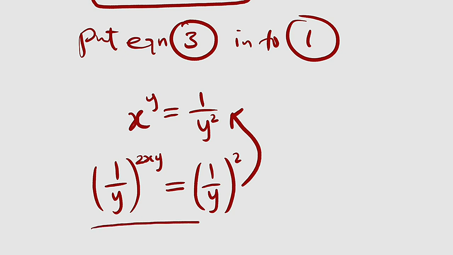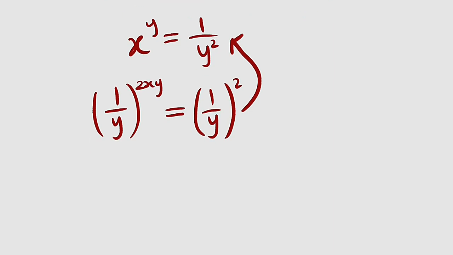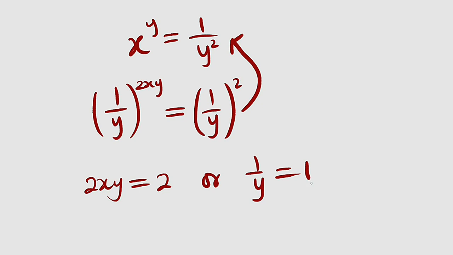So what condition will make this statement true? Observe that the bases are the same, which implies that the exponents must be the same, right? So 2xy equal to 2, or the base, which is 1 divided by y, equal to 1. Because you can see the bases are algebraic terms, it is either 1 divided by y is equal to 1, or the exponents are exactly the same.